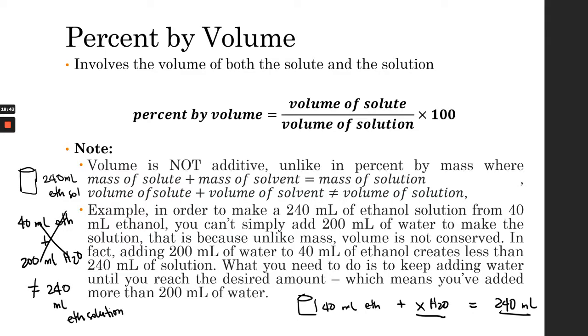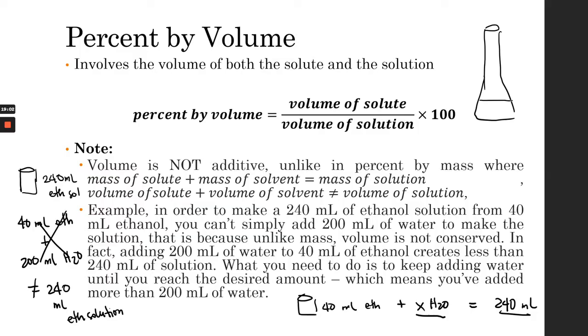What you need to do if you want to get 240 ml is start with your solute, which in this case is ethanol, and then keep adding water. You can imagine it in a graduated flask.